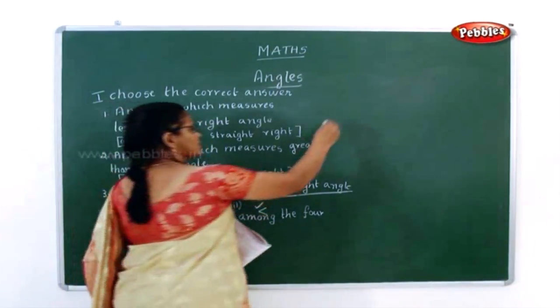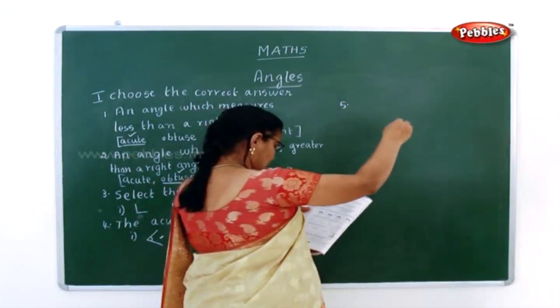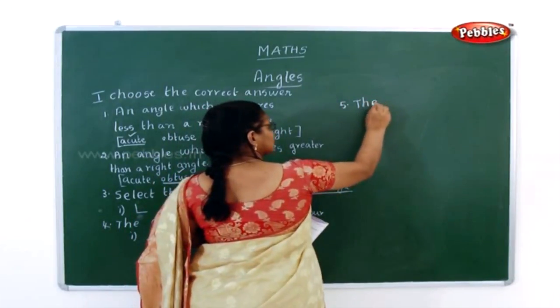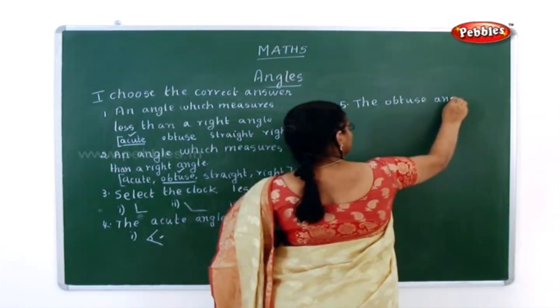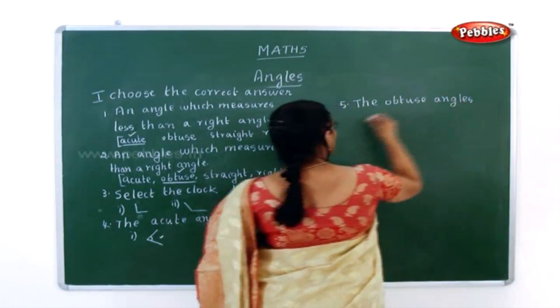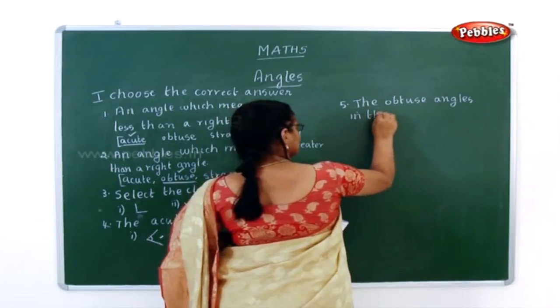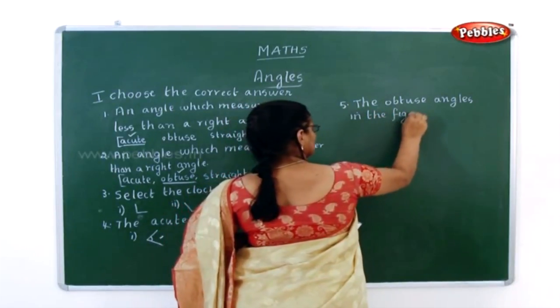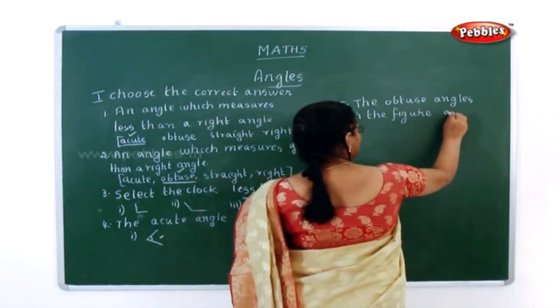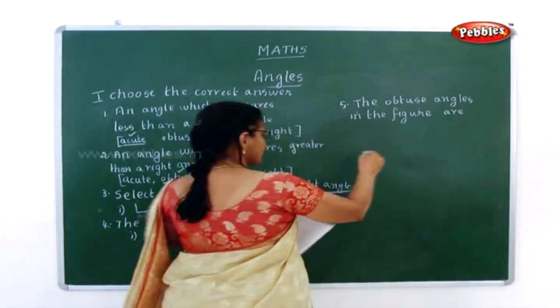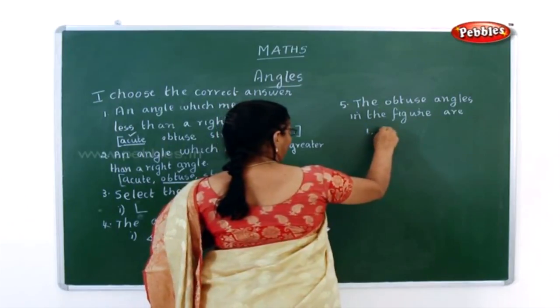Now for the fifth question, what is the fifth question? The obtuse angles in the figure. They asked, what are the obtuse angles given in the figure? The first choice is 1 and 2.